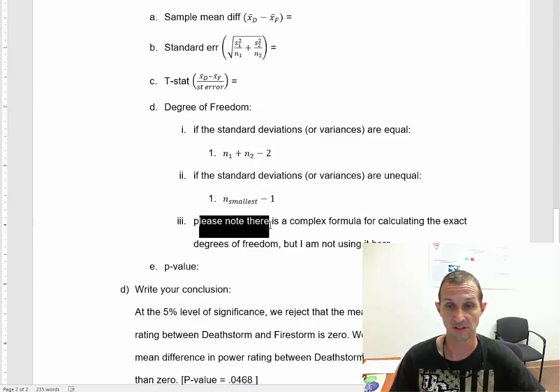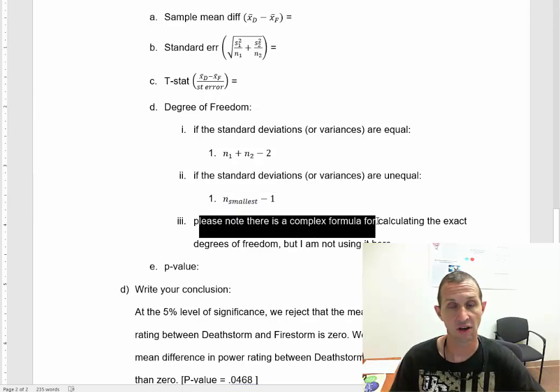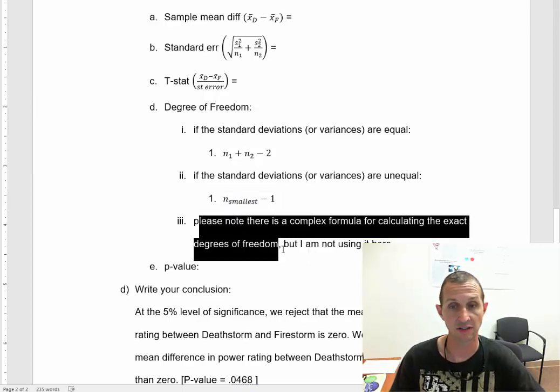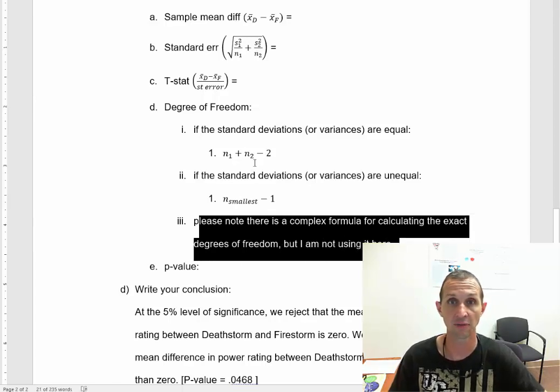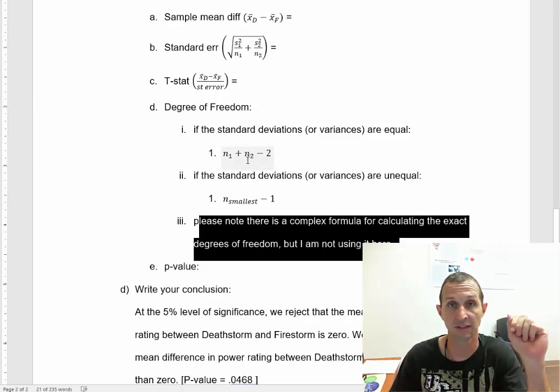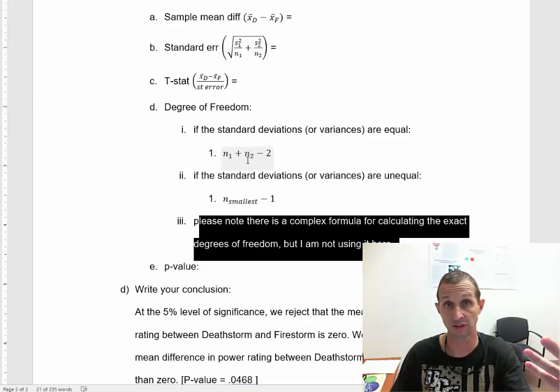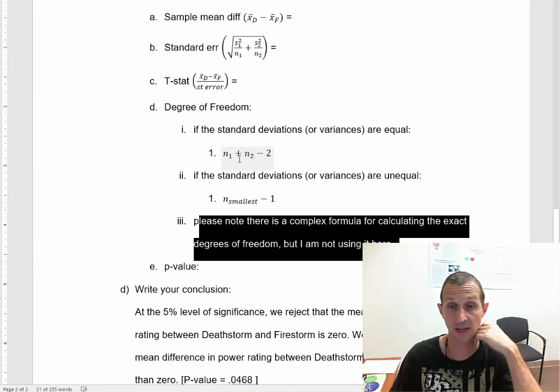Now, please note, there is actually a complex formula for calculating the exact degrees of freedom when you have 2 samples. But I am not using it here. I am using the rule of thumb conservative estimates so that you maybe are overestimating the p-value for rejection purposes, okay?